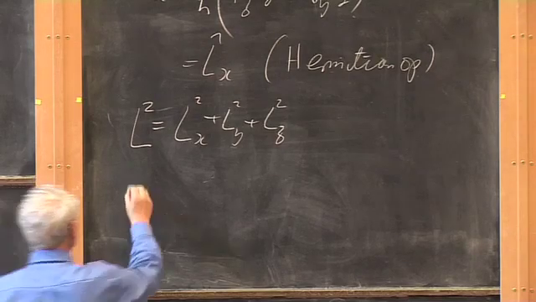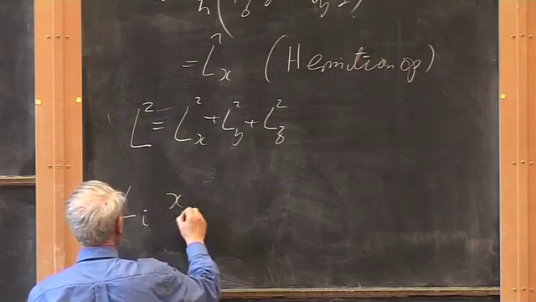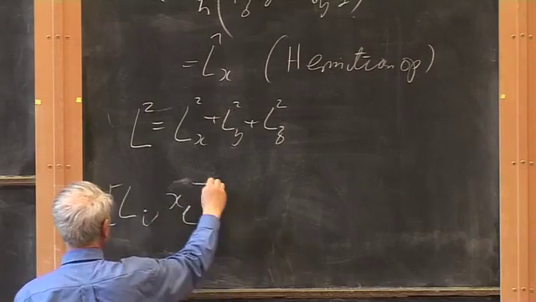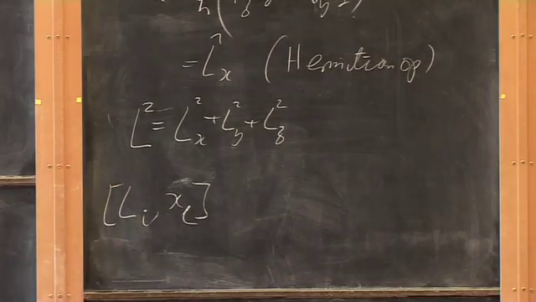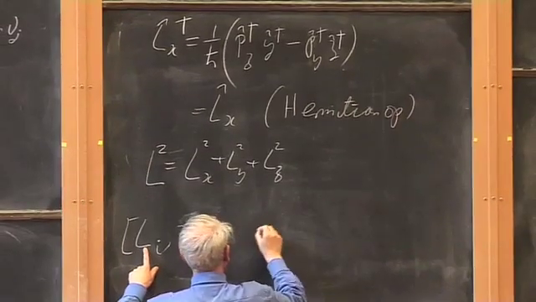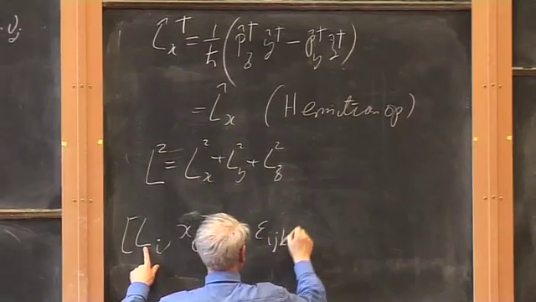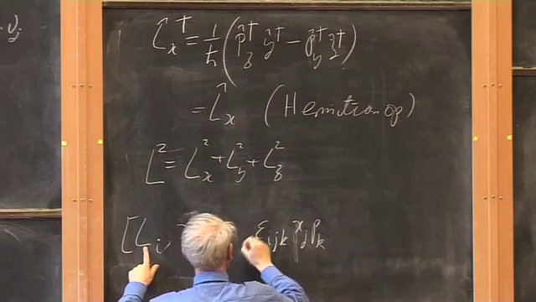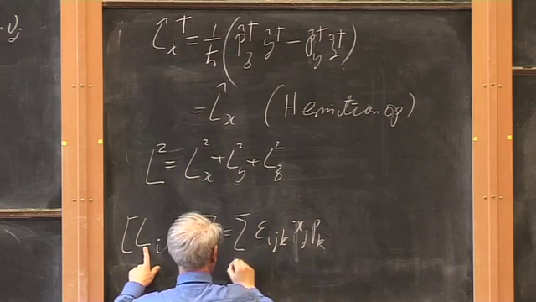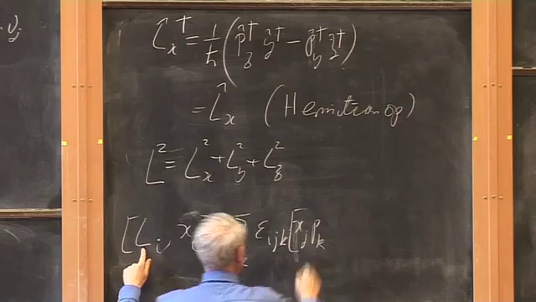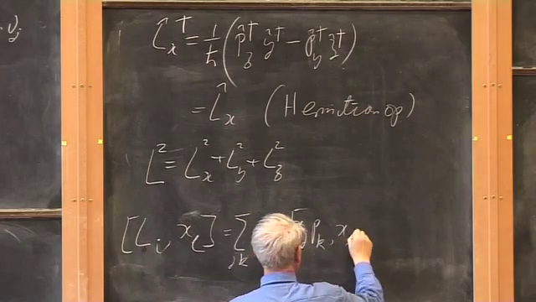And let's do Li with xl. Well, mind if I leave off these hats now? We're thoroughly stuck into quantum mechanical operators. So what's this commutator? Well, we should write down what this is. This is epsilon i j k xj pk, summed over j and k. So this is the commutator on xl.